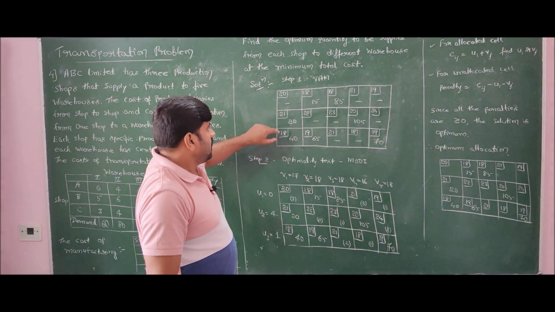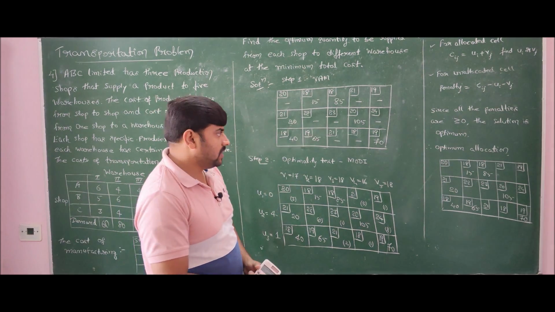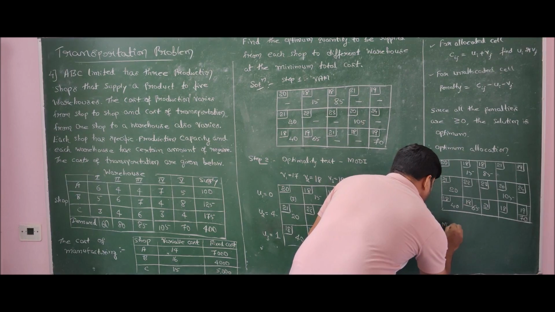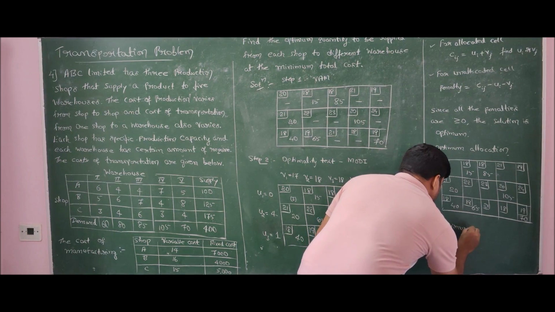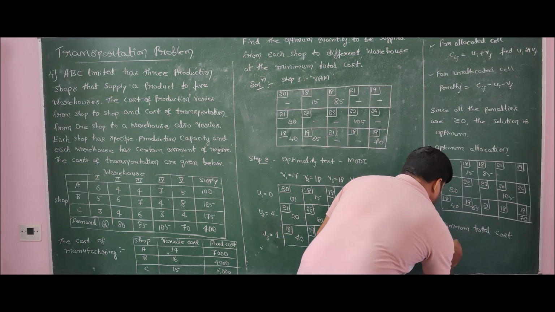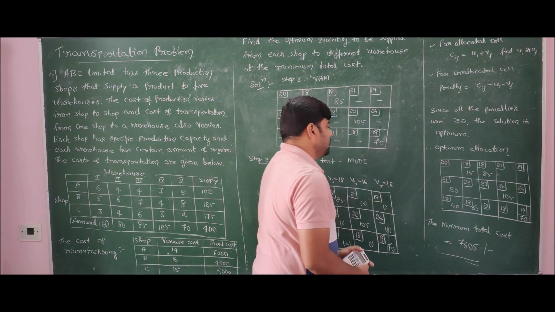Which means that our initial basic feasible solution itself is the optimum solution that we got, and the minimum total cost is equal to 7605, which we have calculated initially itself.